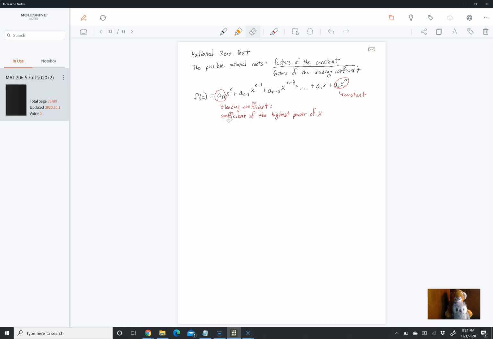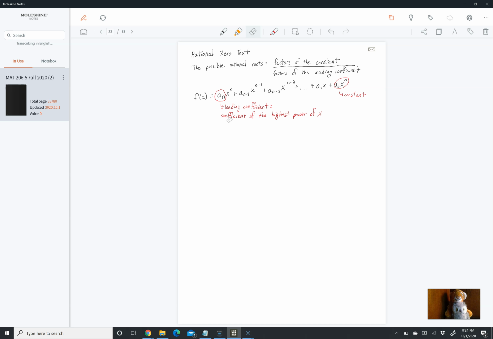We're going to be talking about the leading coefficient a lot when we talk about graphing polynomials. Right now, the leading coefficient is going to help us find the roots of the polynomial. So let's go through a bunch of different polynomials and find all of the different possible rational roots. We're not finding the roots, we're just finding the possible roots.